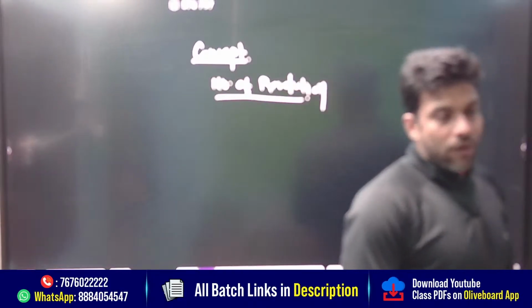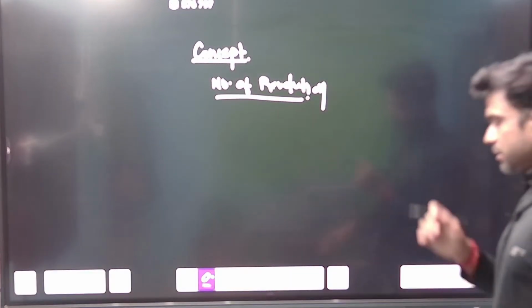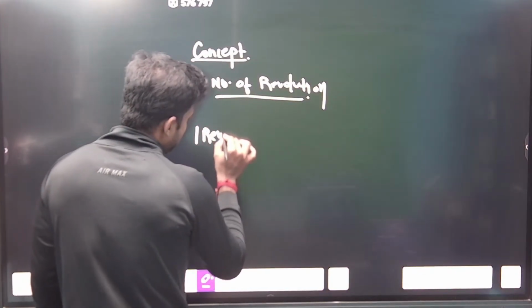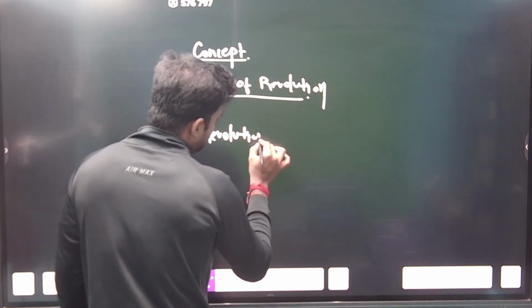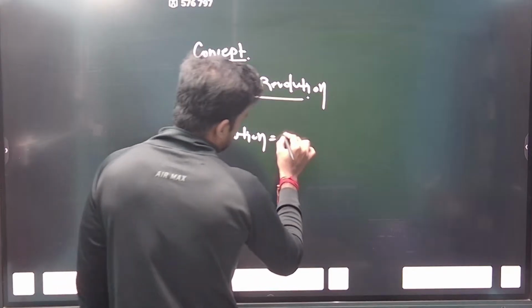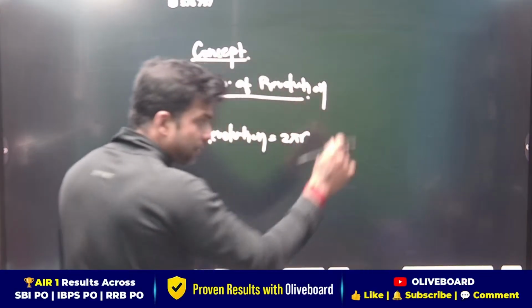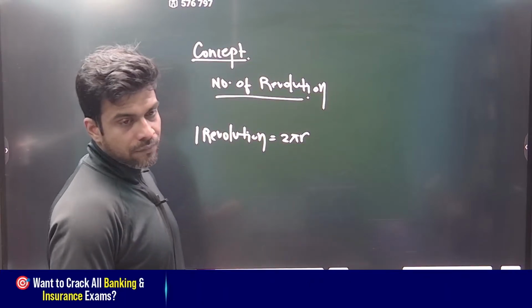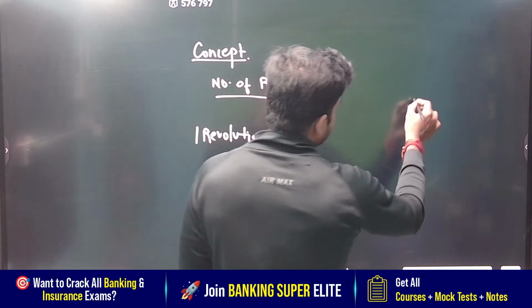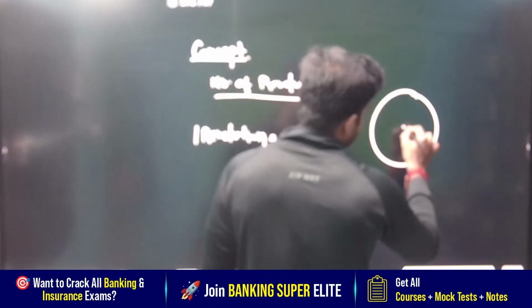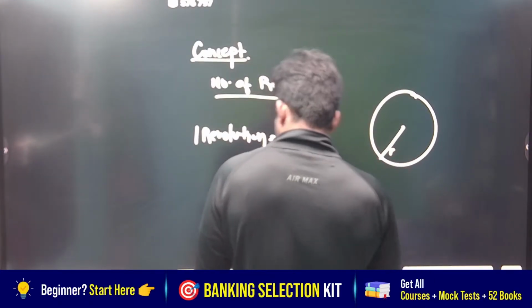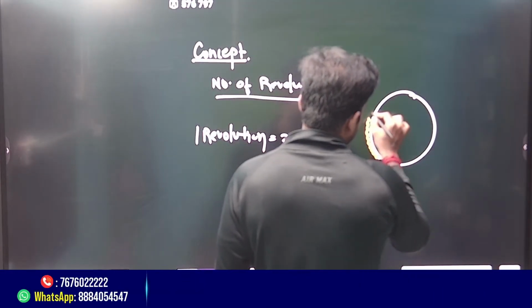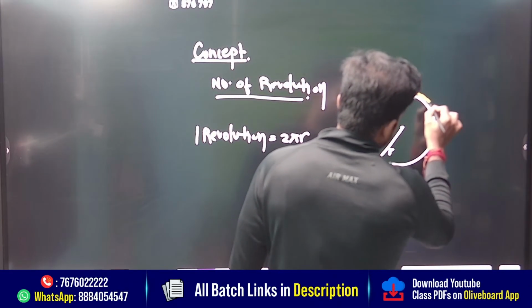One revolution means what distance? This is 2 pi r, the circumference. Everyone is getting it? The circumference. When I go around a wheel, this is my r. When I travel from here back to this point, this is my one revolution, which is 2 pi r.